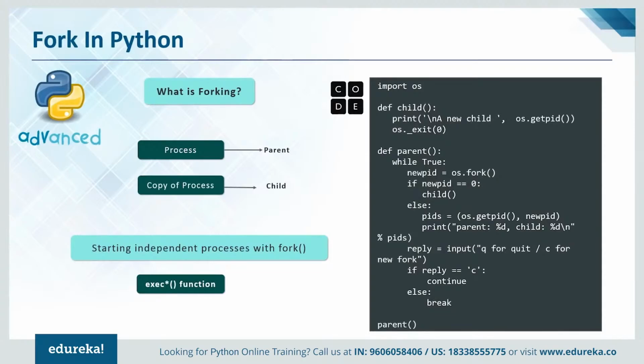Well, check out this Python 3 example I have for you guys. Here I'm showing a parent process which forks every time the user types in the letter C when prompted. Both the child process and the parent process continue after the if new PID equal to 0 line, right? So this particular line. The value of the new PID is greater than 0 in the parent process and 0 in the child process.